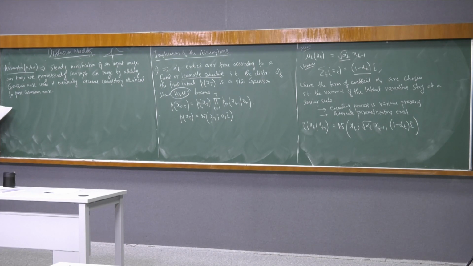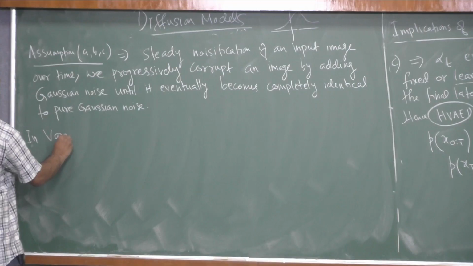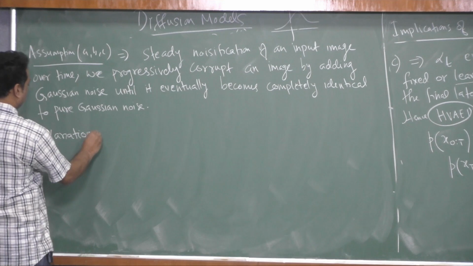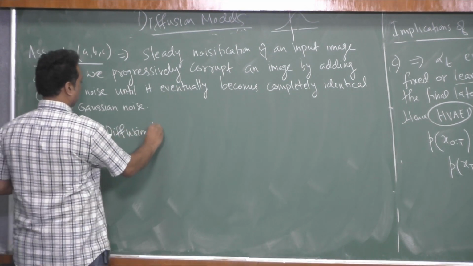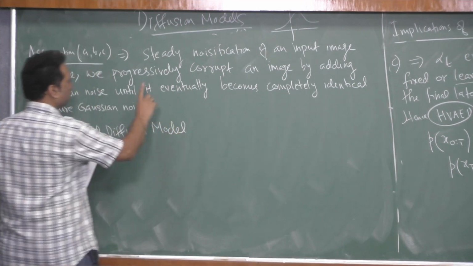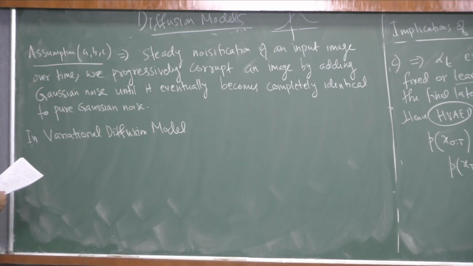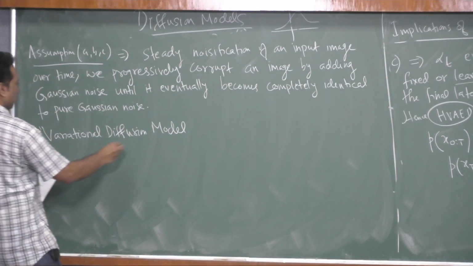So with these assumptions that we have, A, B, C, we call this class a variational diffusion model.